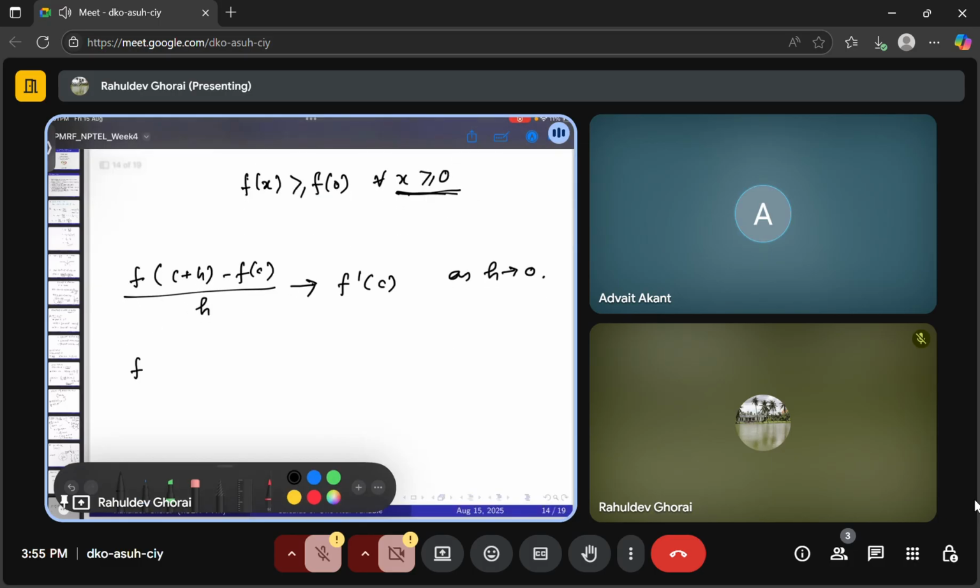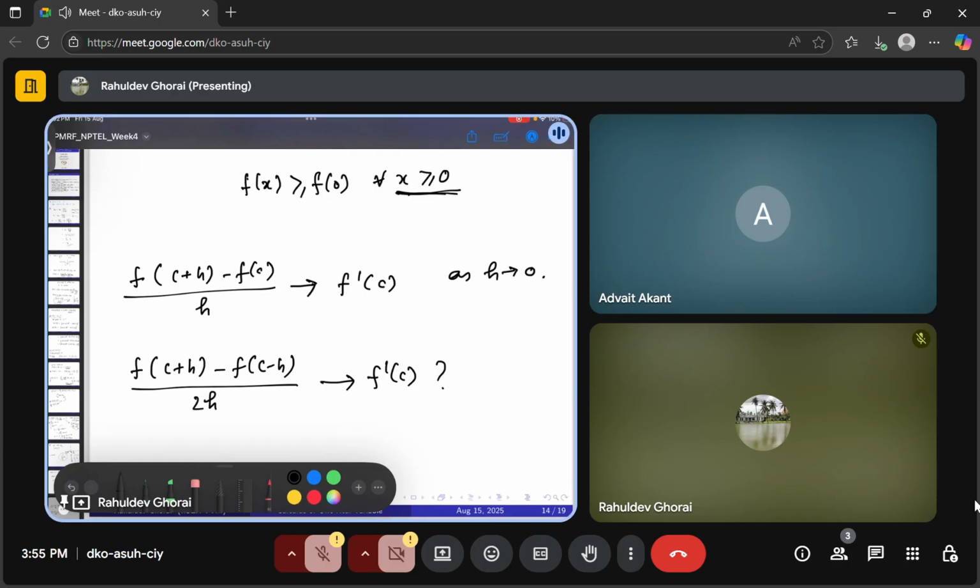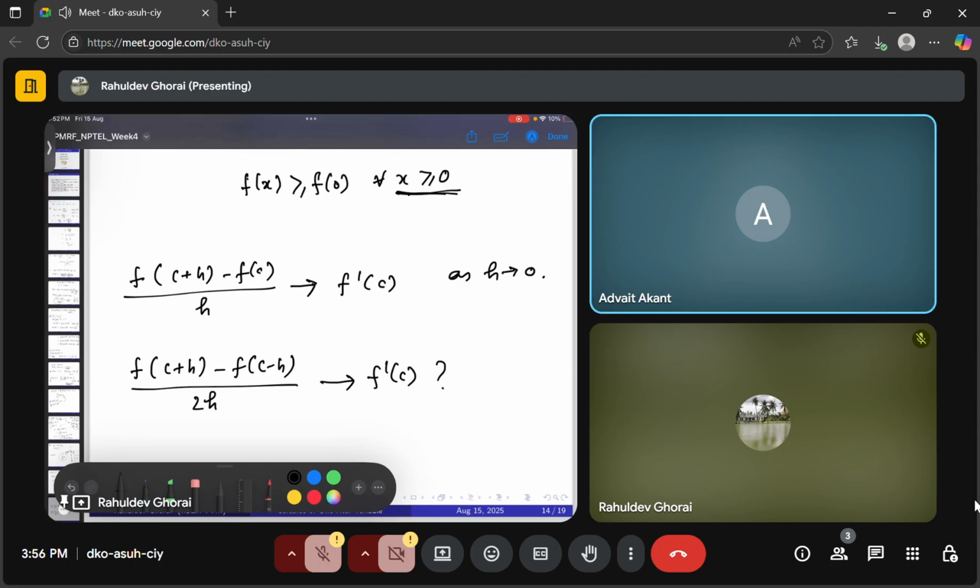So can you show that f(c plus h) minus f(c minus h) over 2h also converges to f prime c? I think it's easy. Maybe add plus h minus h. Okay, then let me try.